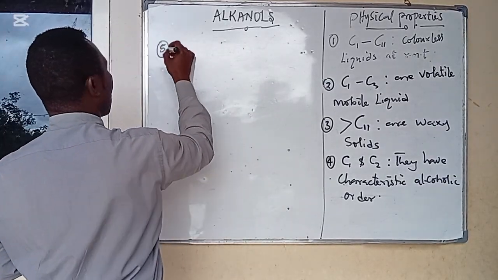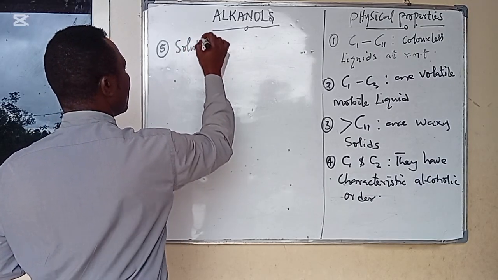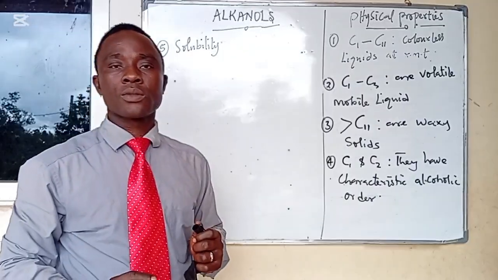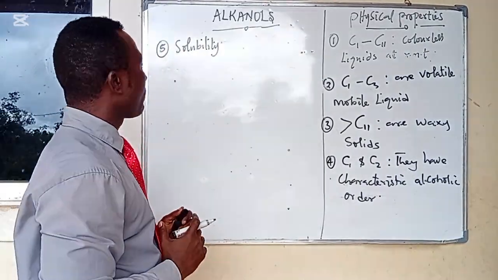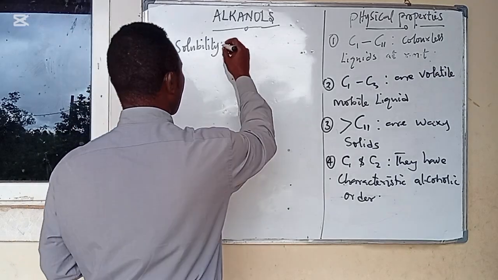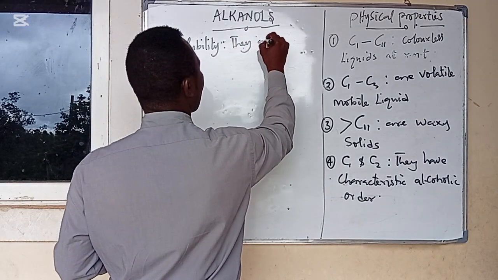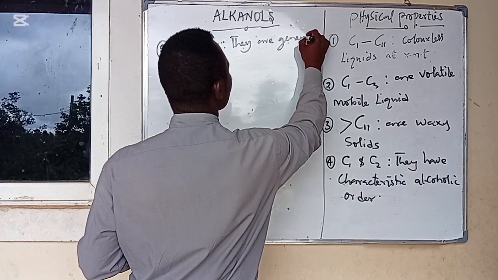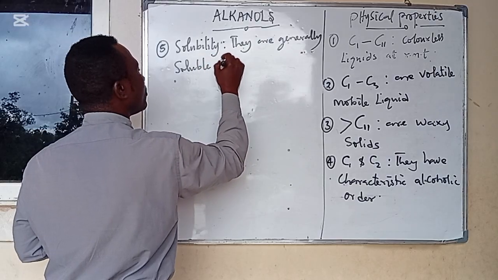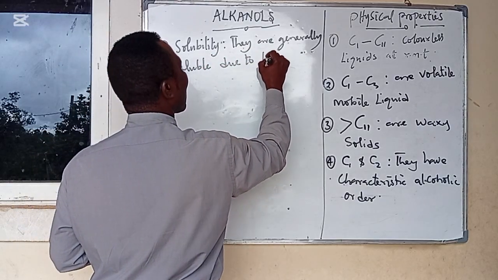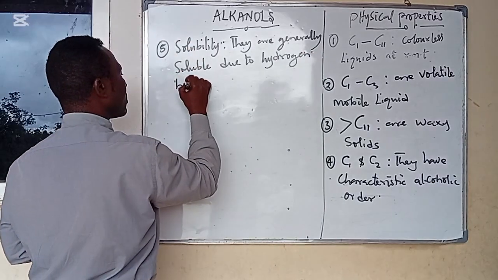Then the next, which is number 5, we talk about solubility. Alkanols are generally soluble because they have hydrogen bonding. So you can see that they are generally soluble due to hydrogen bonding.